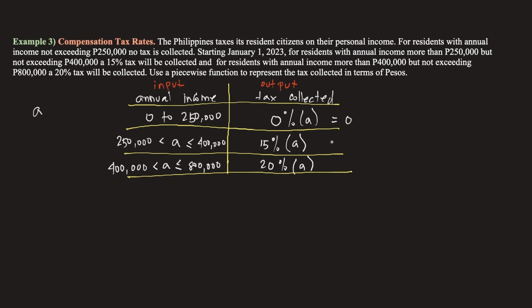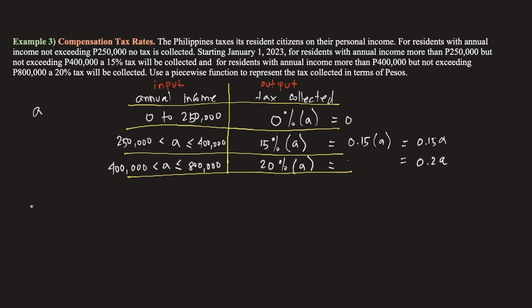This 15% is equal to 0.15 times A, or simplified as just 0.15A, and then 20% A is simplified just as 0.2A. So now we are ready to construct our piecewise function.